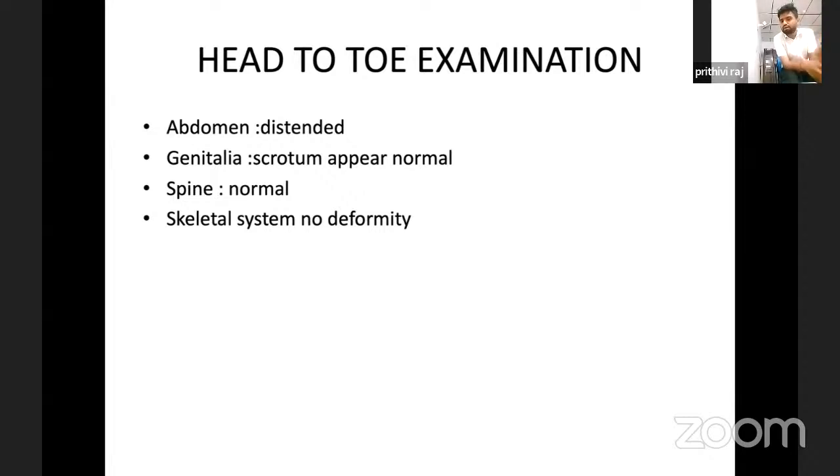That is also one of the variants of congenital nephrotic syndrome. I am discussing this as theoretical knowledge. It's not that implicated in practical, but in case of theory, it is helpful.